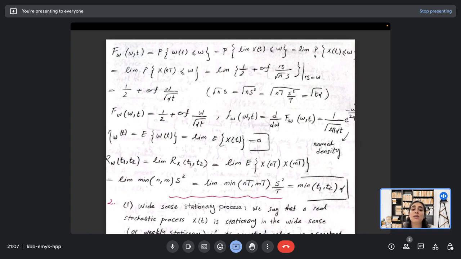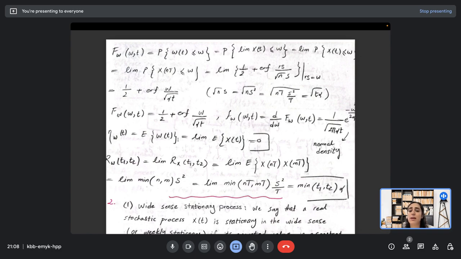Again the limit comes out of the probability, and we get the formula that we had for the random walk, which gives the probability distribution function. After that, if we calculate the derivative, we will get the probability density function.